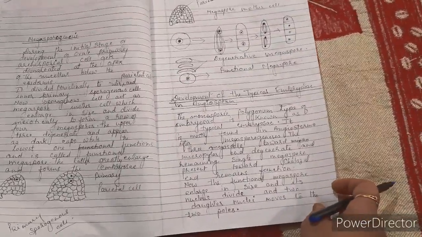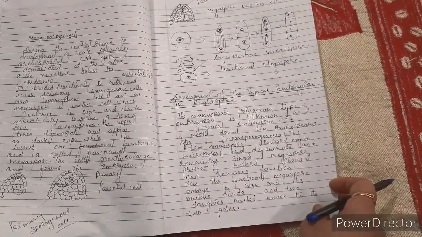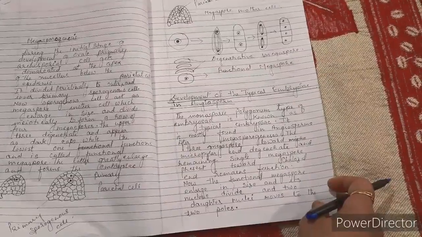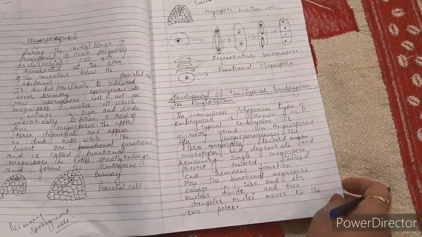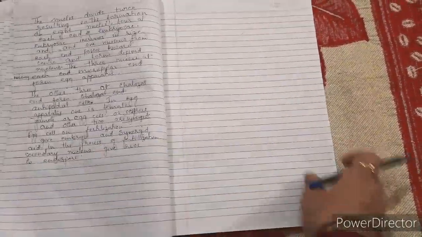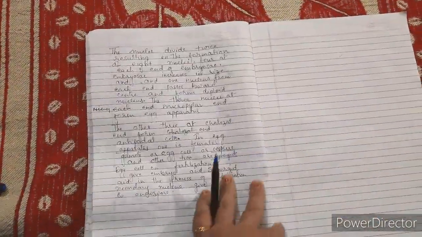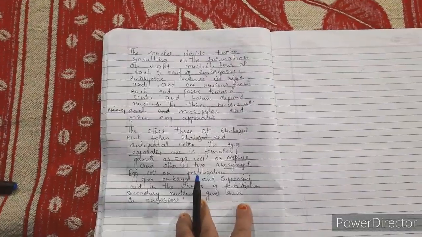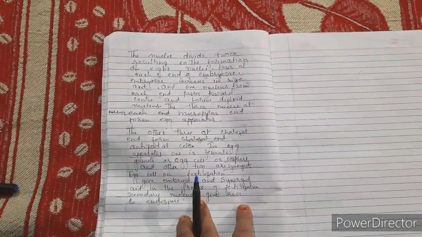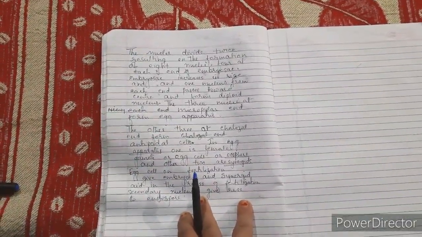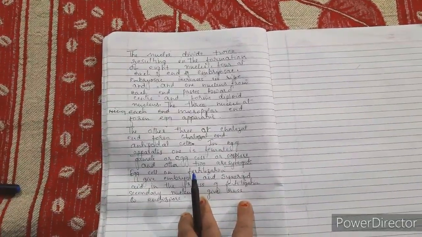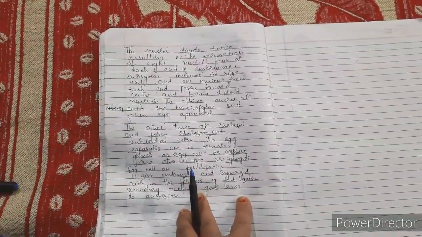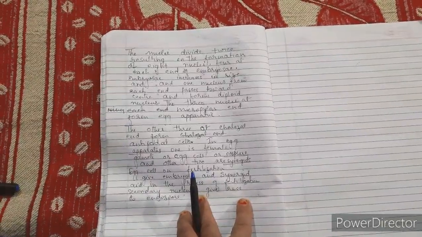Now the functional megaspore enlarges in size and its nucleus divides, and the 2 daughter nuclei move to 2 poles. The nuclei divide twice, resulting in the formation of 8 nuclei, 4 at each end of the embryo sac. Now the embryo sac increases in size and 1 nucleus from each end passes toward the center.